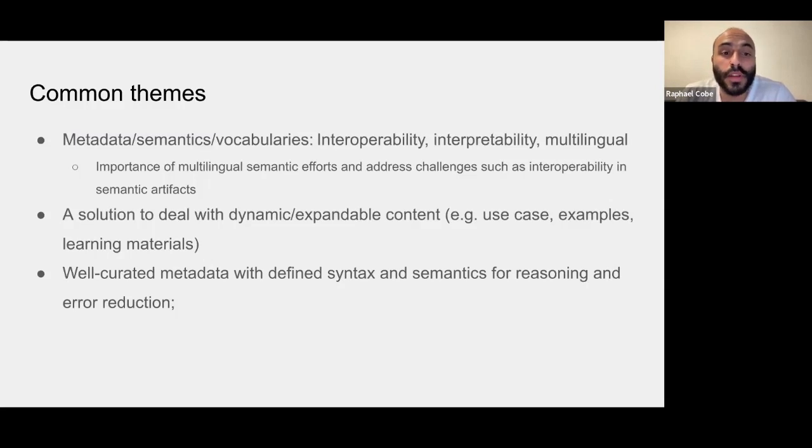Most of the groups are working on solutions to deal with these issues of semantic interoperability, especially when it comes to dynamic and expandable content. Also, an important discussion was held around how formal syntax and semantics could help with these interoperability issues.